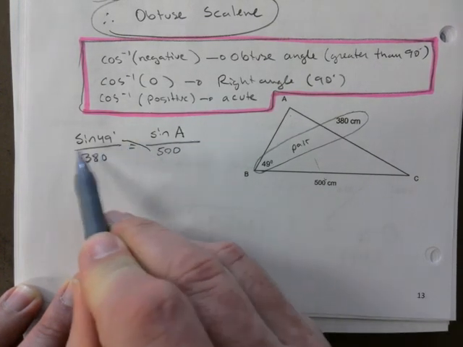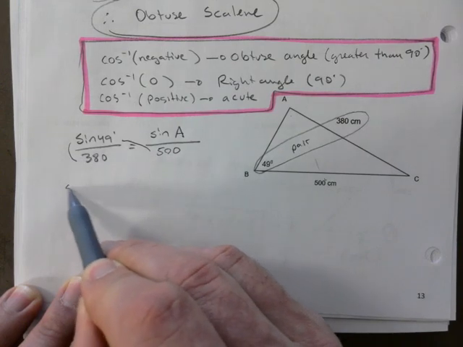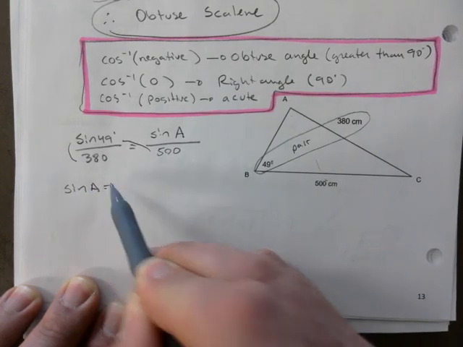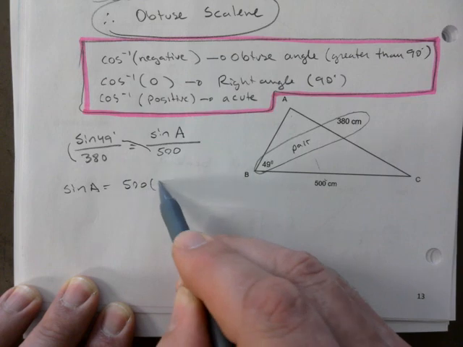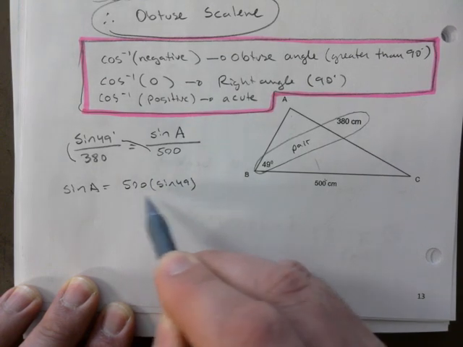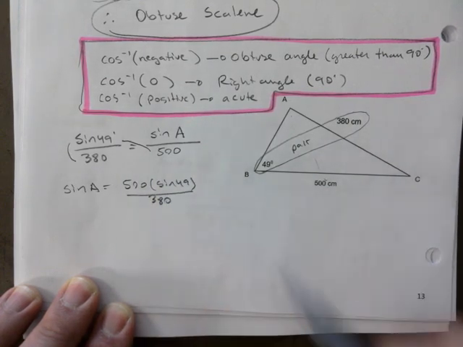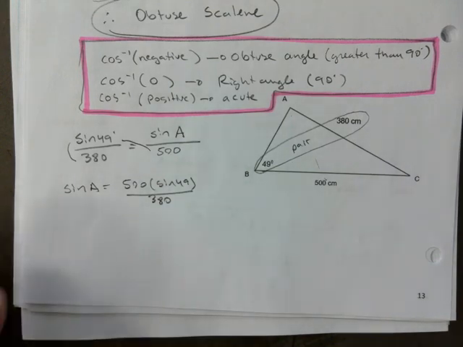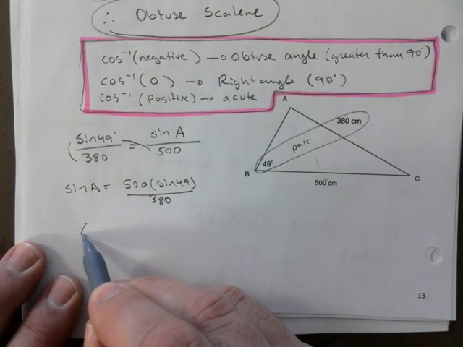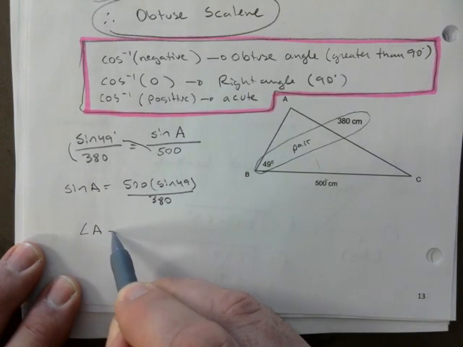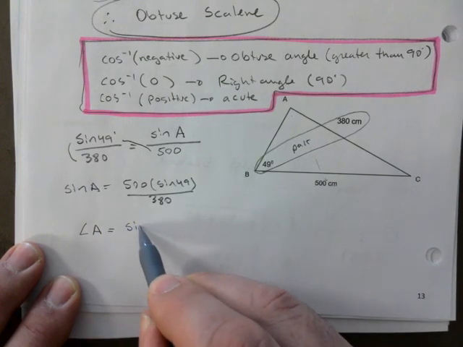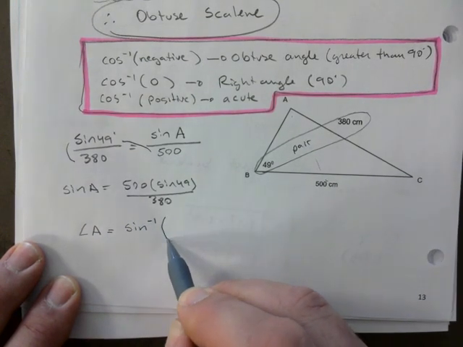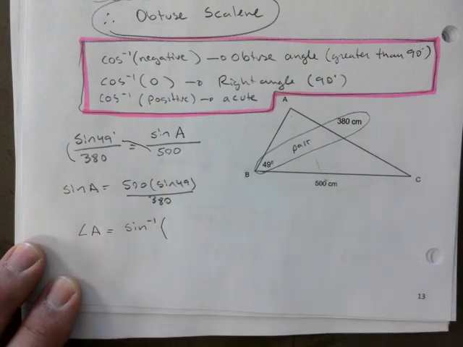And so you cross multiply and then divide here. So you keep sine of A like that. 500 times sine of 49 divided by 380. And then next step would be A. Angle A is sine inverse of whatever you get here.